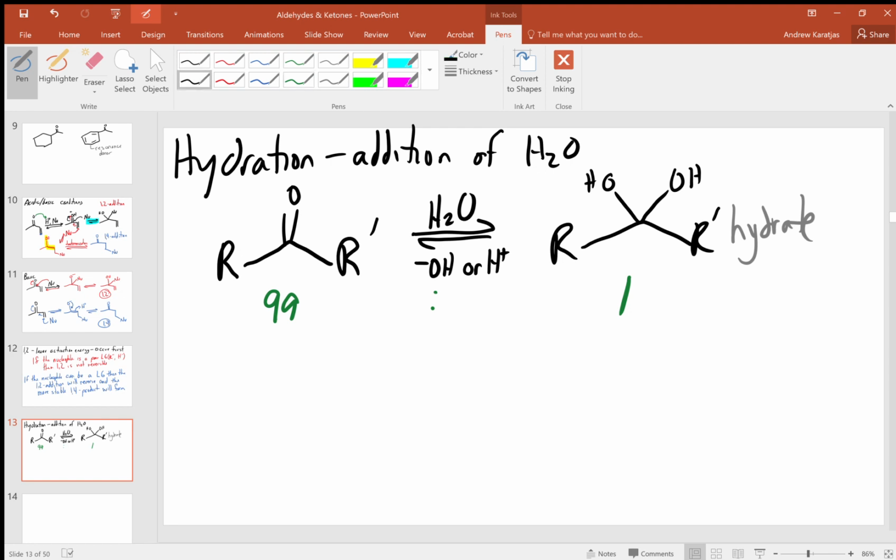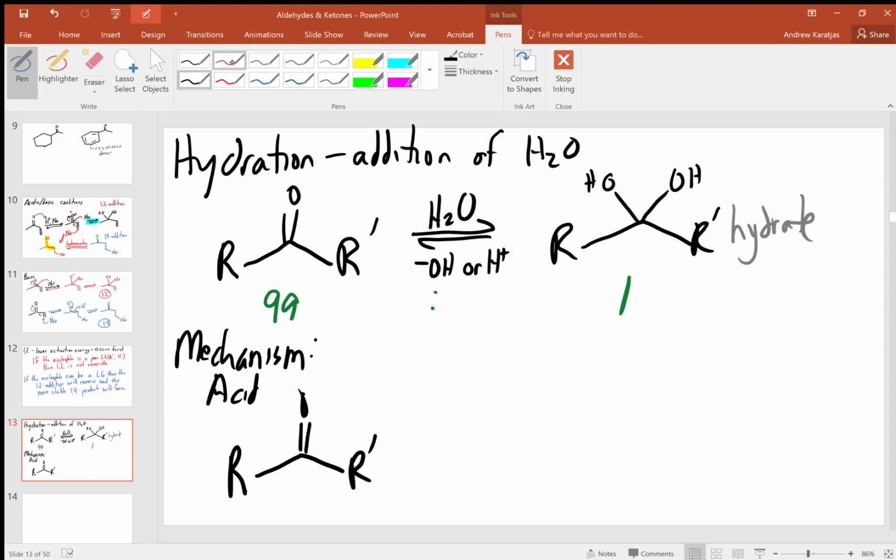And with this mechanism, we'll consider it both under acidic as well as basic conditions. So under acidic conditions, as we saw before, first step is protonation of the carbonyl. And again, this step happens because under acidic conditions, we don't have good nucleophiles.